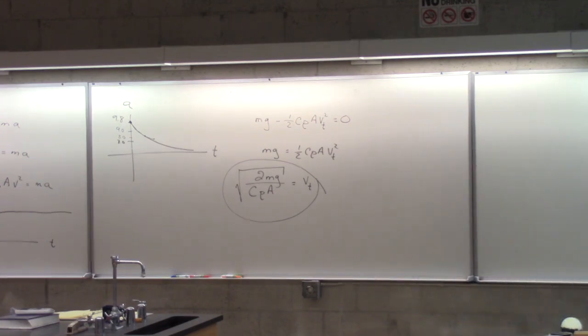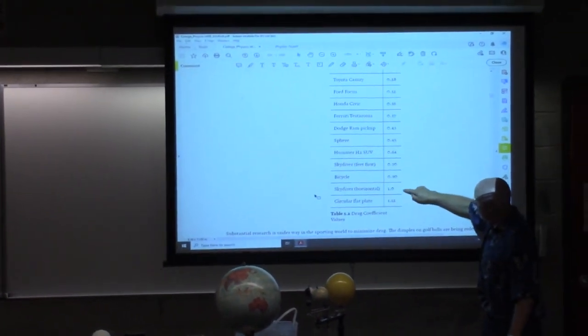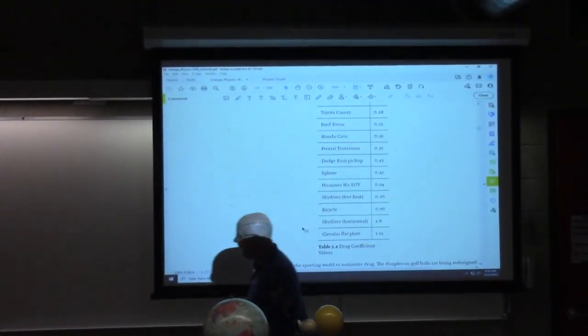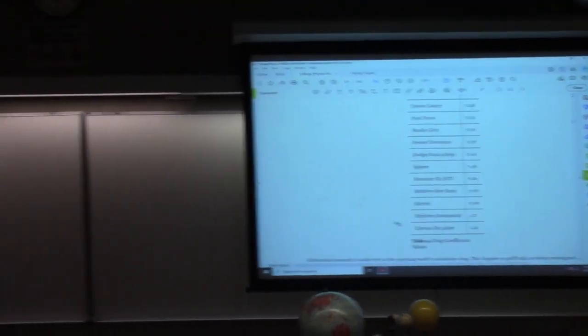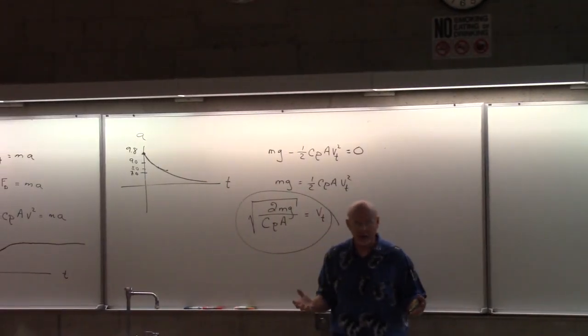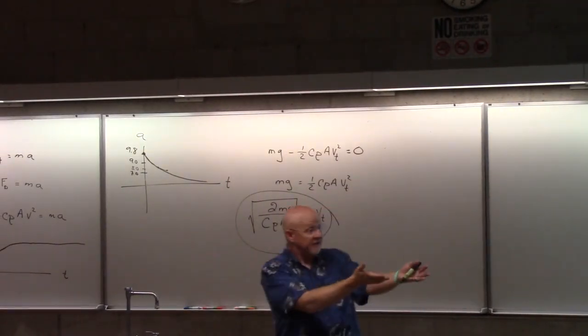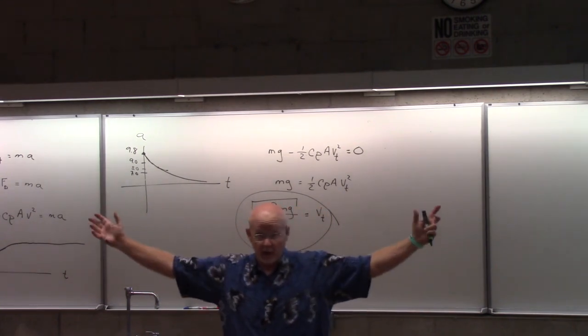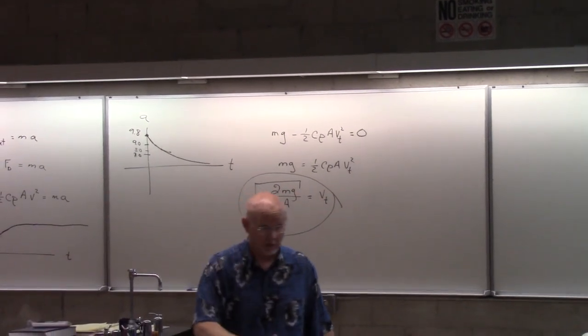But notice that feet first had a smaller coefficient than the horizontal position, and therefore, since it's in the denominator here, the smaller number is going to give you a higher terminal speed. And so you would be going faster feet first than if you were going spread out, horizontal, going down.